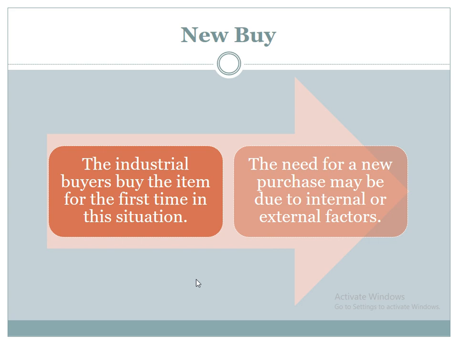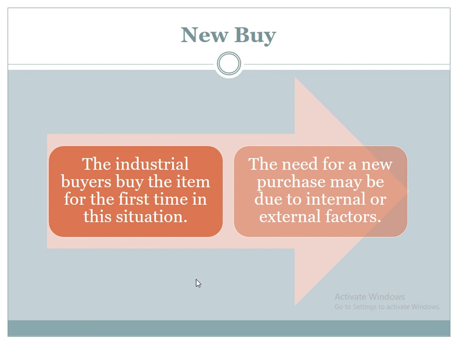The industrial buyers buy the items for the first time in this situation. It is called a new buy. The need for a new purchase may be due to internal or external factors. For example, when a firm decides to go for a new purchase, that is, the firm not having bought the product previously, the buyers have no knowledge or insufficient knowledge, coupled with the lack of previous experience.